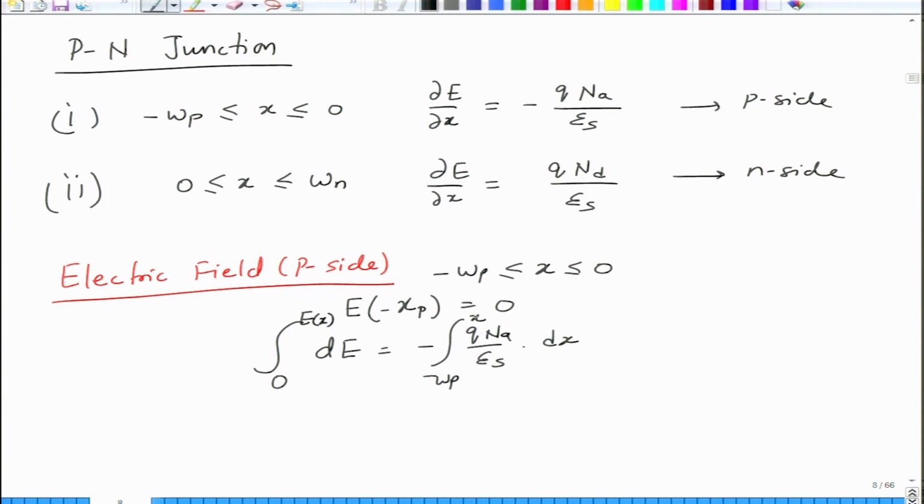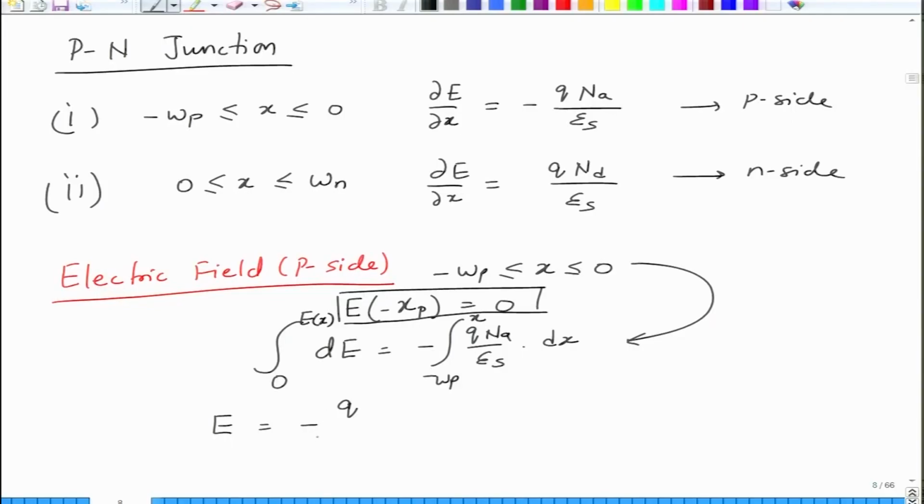So this is within the depletion region, right. When we do that, we have E as minus of, so this condition we know that the electric field at minus Wp is equal to 0, because at the end of the semiconductor the bands are flat, as a result there is no electric field there, but we are interested in calculating the electric field in this region. So in that sense it is not a boundary condition.